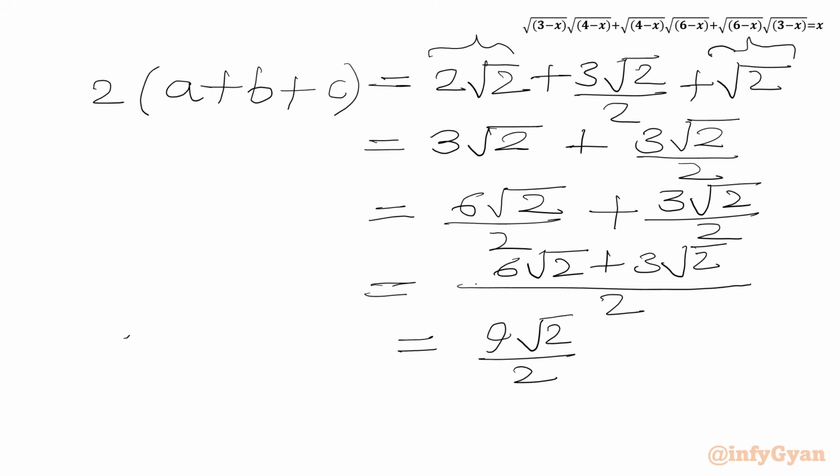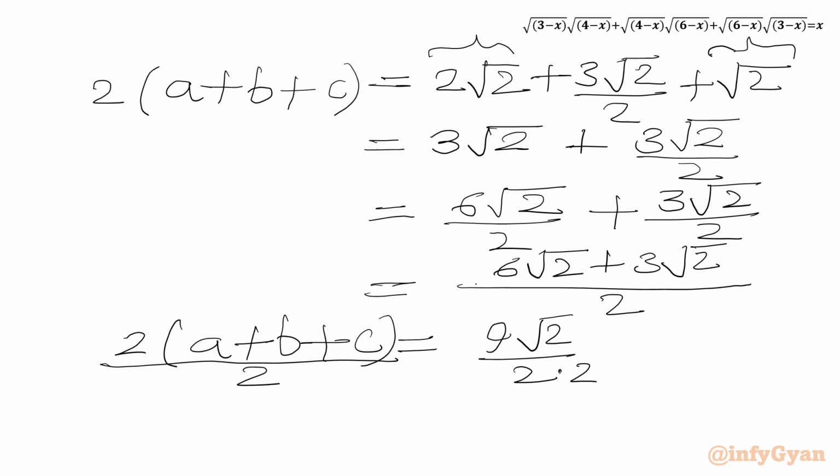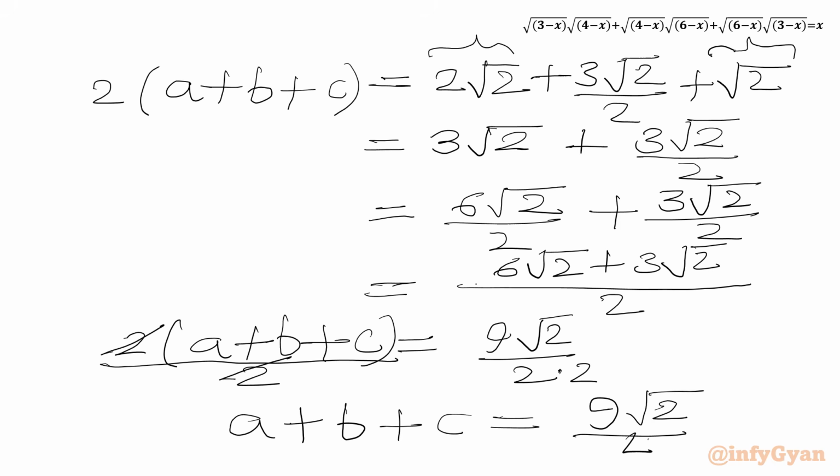In LHS we will write 2 times A plus B plus C. Now we have to divide both sides by 2. So we will cancel 2 from numerator and denominator. So we can write A plus B plus C equal to 9 square root 2 over 4.